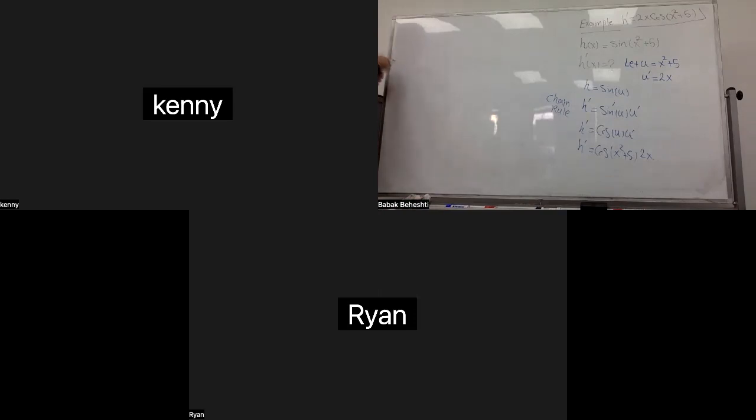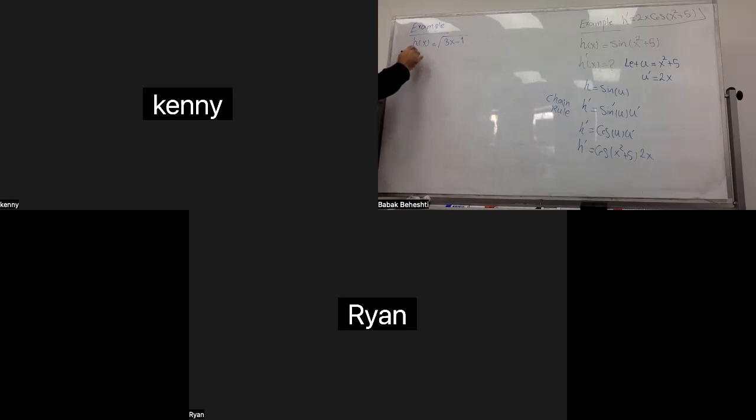Another example. h of x is equal to, for example, the square root of 3x minus 1. Again, it's a simple example. Because we are beginners, let's do it slowly.